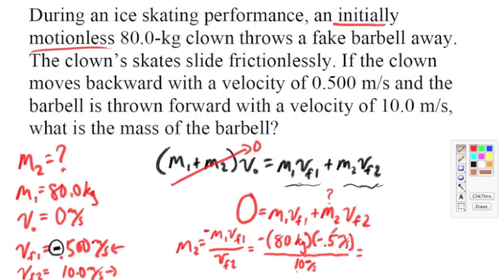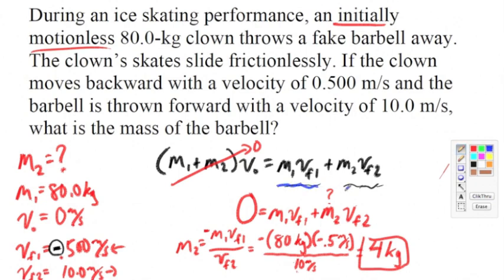So 80 times our 0.5, the negatives cancel out, multiply out, and 80 times 0.5 divided by 10 should get me 4 kilograms. Now let's do a quick check to just make sure that this answer makes sense given the rest of what we have.